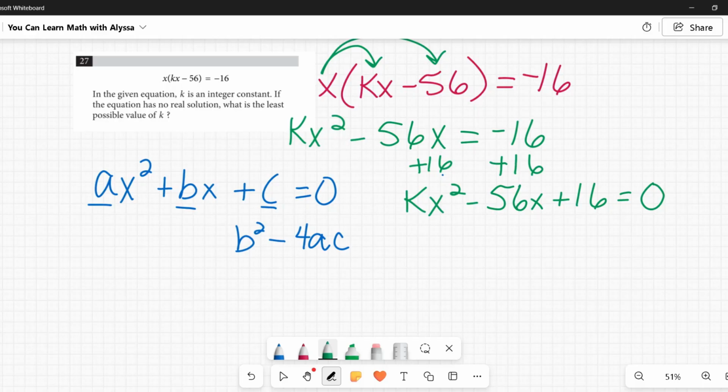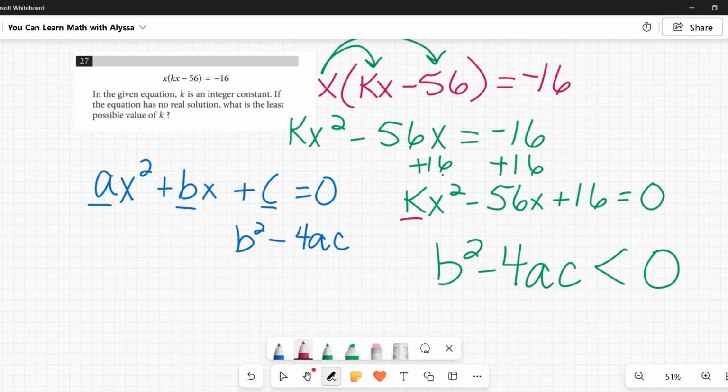Right, so the discriminant is b squared minus 4ac, and we want this to have no real solution, so it needs to be negative. How would I set this up? I want b squared minus 4ac to be negative. Another way of saying that in equation form is less than 0. So I am going to plug my a, b, and c from up here.